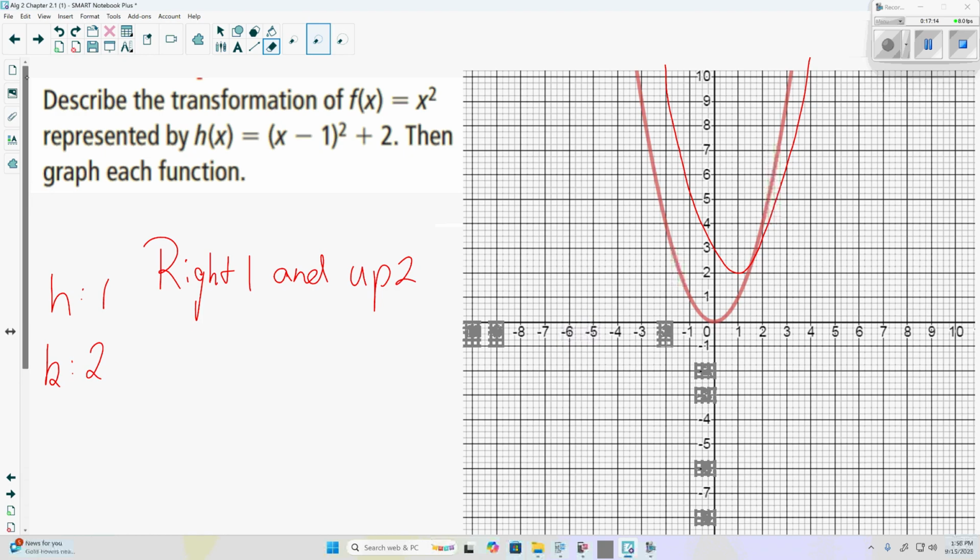But that's it. All we would be doing is the right 1 and up 2. So the nice thing with these transformations and knowing them is it gives us a picture of what we should expect. How we should expect the function to look. Okay. We're ready for the next piece.